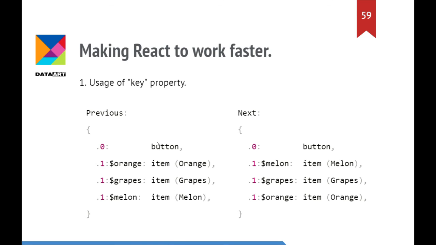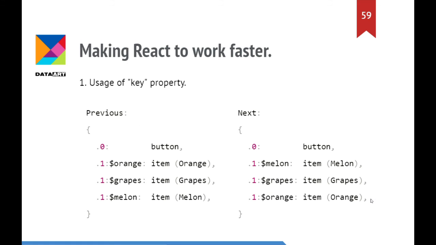And whenever React compares previous and next instances, it will notice that orange is here, and there is also an orange here, and it will compare those things together. So it will figure out that the only thing that actually changed is just the order of those elements in the DOM. So it will just change those two instead of rendering them.